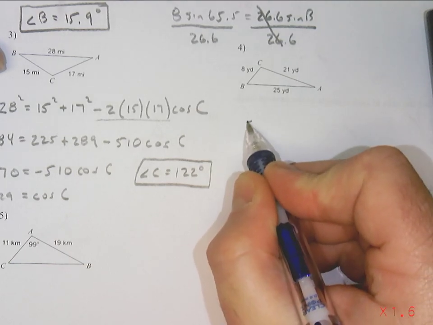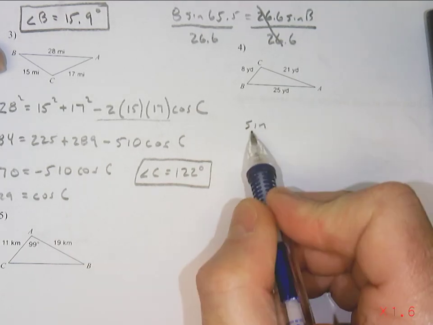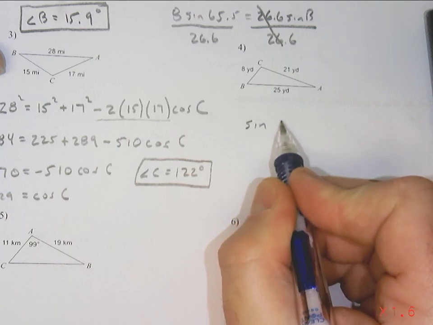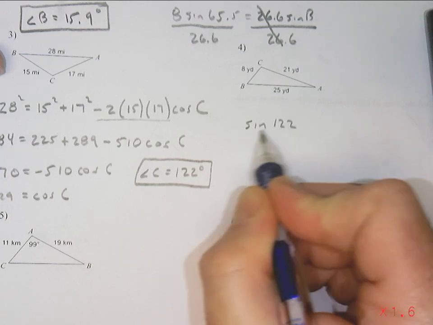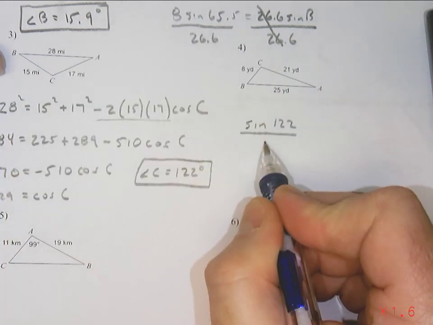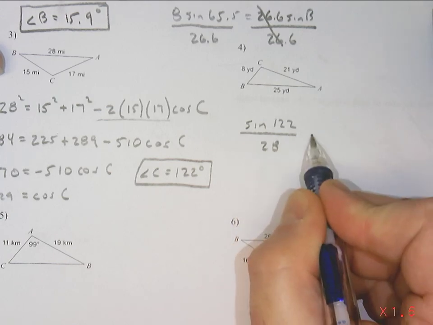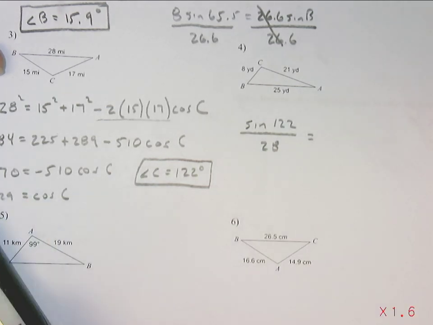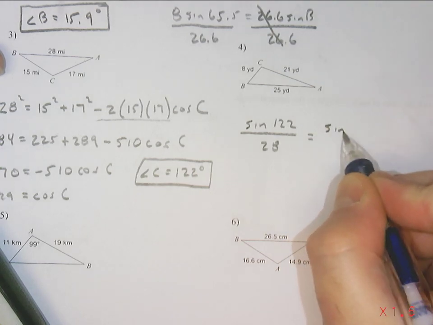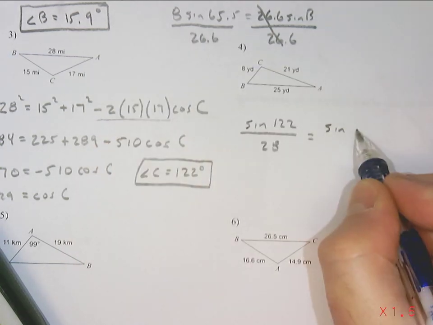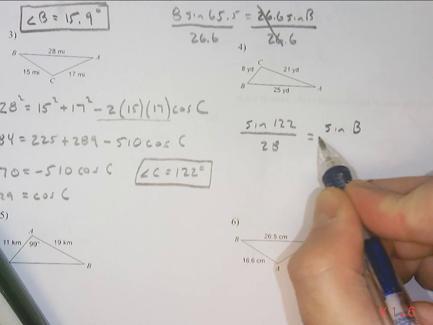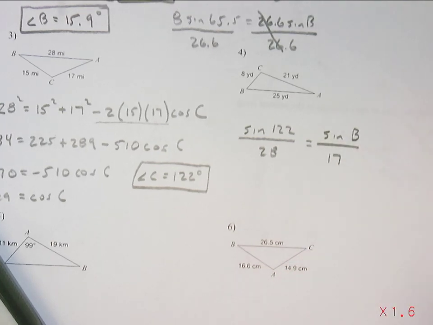So, if we were doing Law of Sines, after the word sine goes the angle. That's the 122. The side opposite the 122 is the 28. And that ratio is equal to sine of another angle. So we can either choose A or B. It doesn't matter. I'm going to choose B for no good reason. On top of 17.